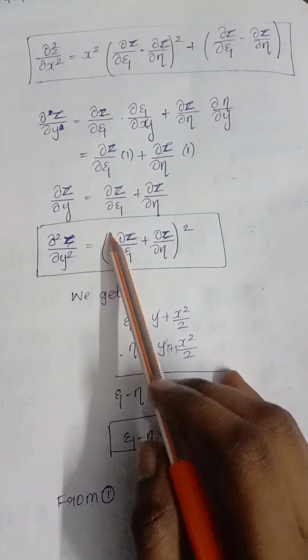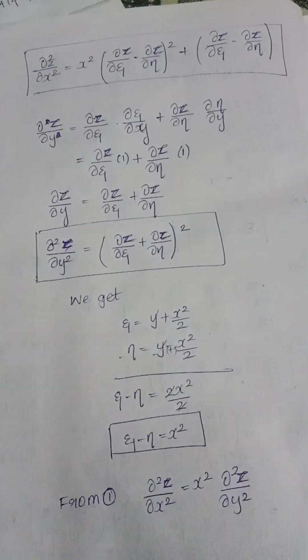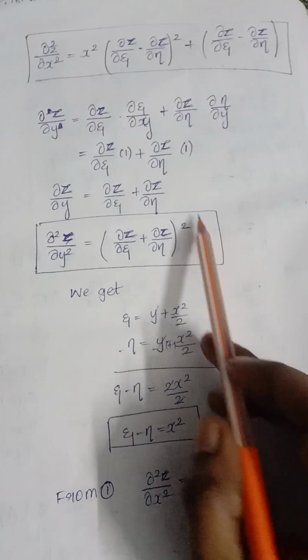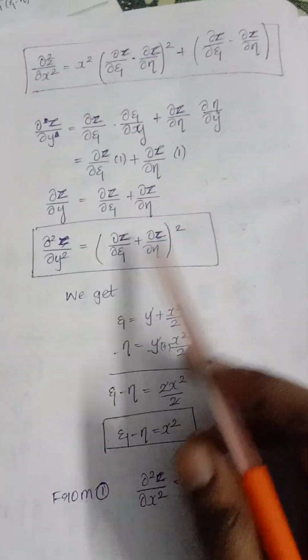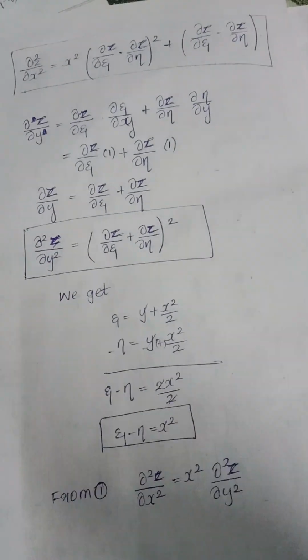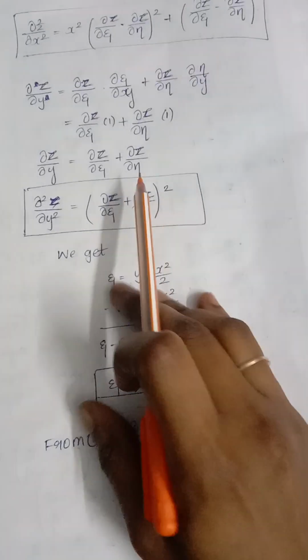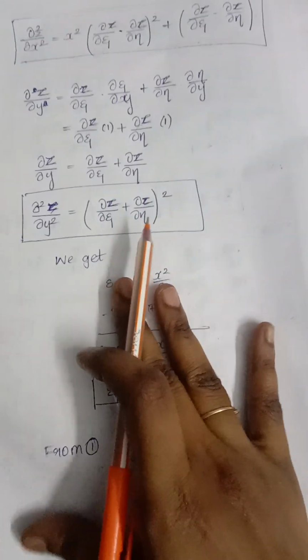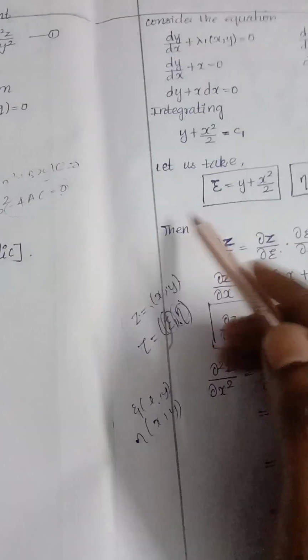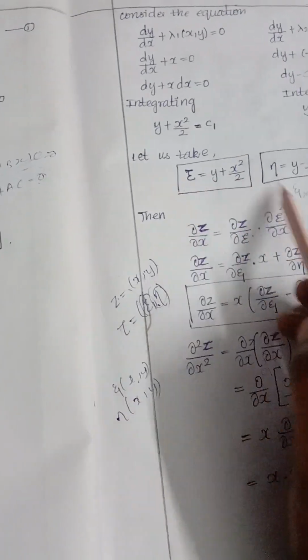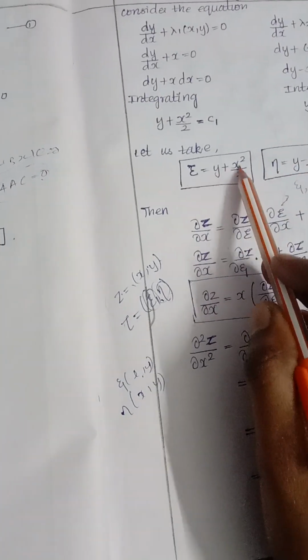So if you take the derivative one more time, it will be the square of the equation, and if we derive one more time we get the cube. For that, we take xi and eta, the terms are y plus x square by 2 and y minus x square by 2.